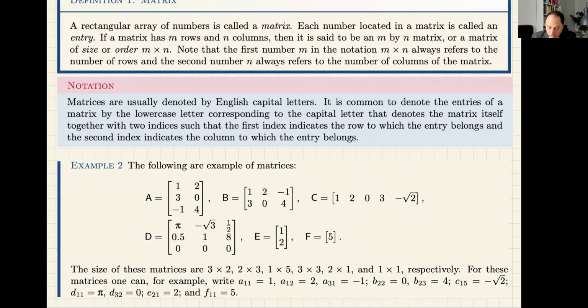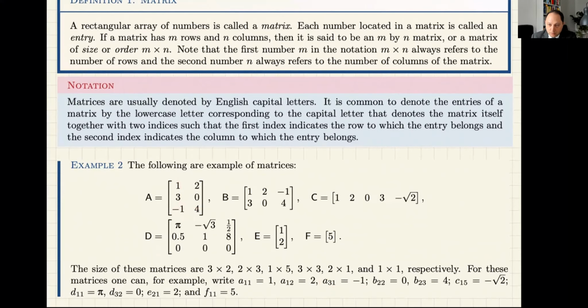Let us just talk about a few; I don't want to read all of them. A sub 3, 1, what does it mean? It means that I go to the matrix denoted by capital A, it's here. I look at the third row and first column. The intersection is this one, and that is -1. So this is why I have written A sub 3, 1 is equal to -1.